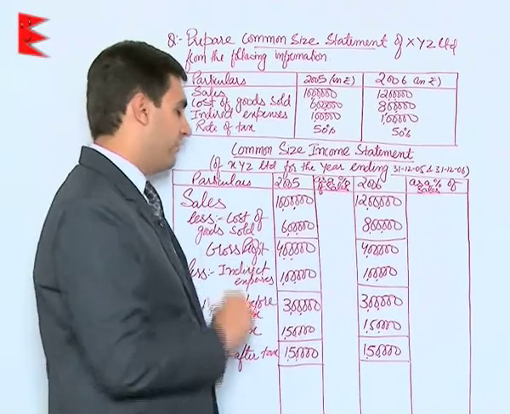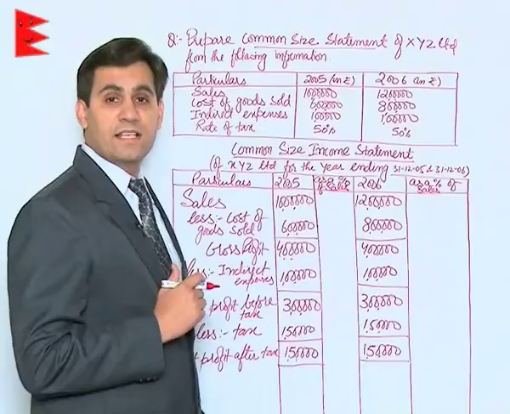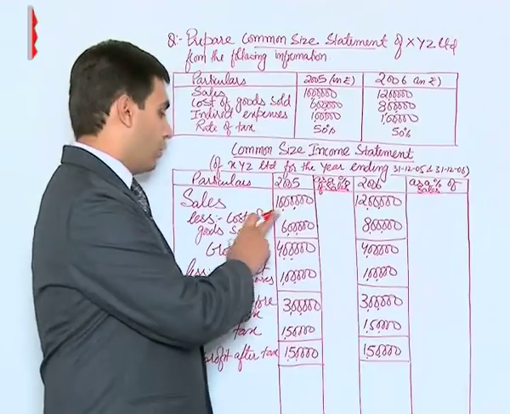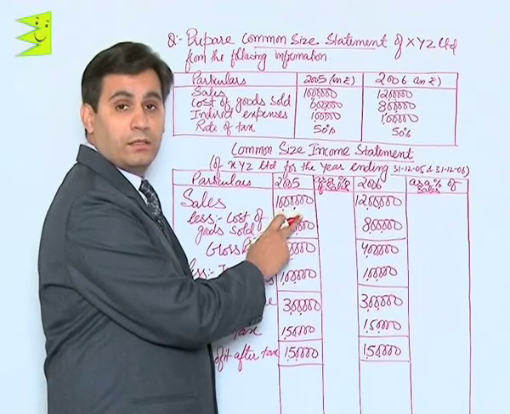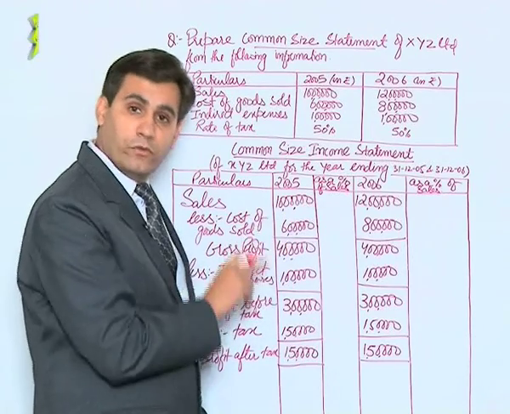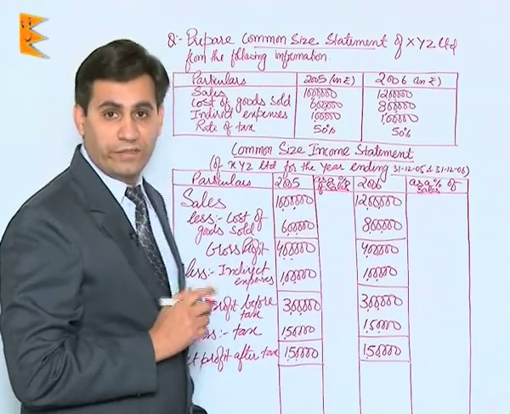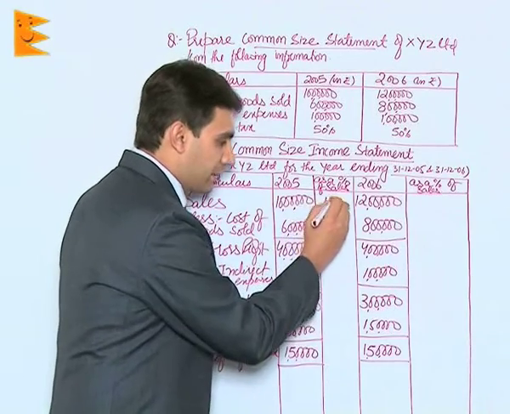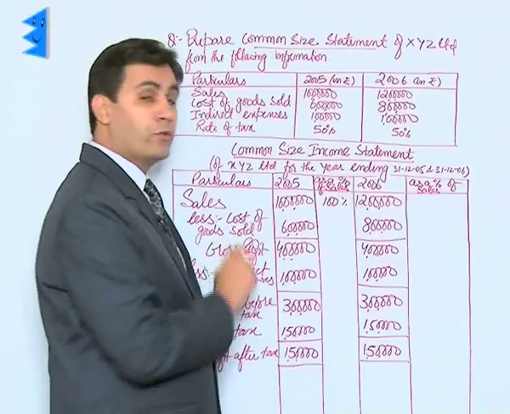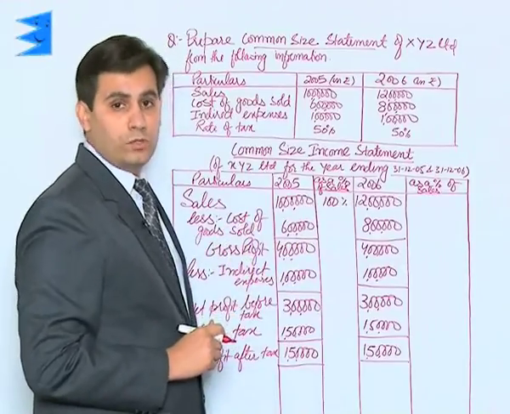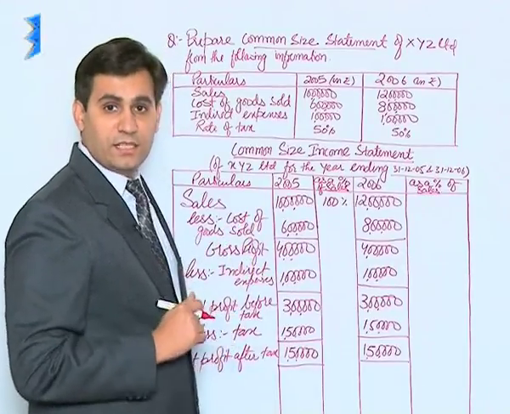For year 2005, we are taking net sales as the base. So the percentage for this figure can be calculated as 10 lakh divided by net sales, which are again 10 lakh into 100. So that will give you 100%. Then students, coming to cost of goods sold. The cost of goods sold in this case is 6 lakhs.